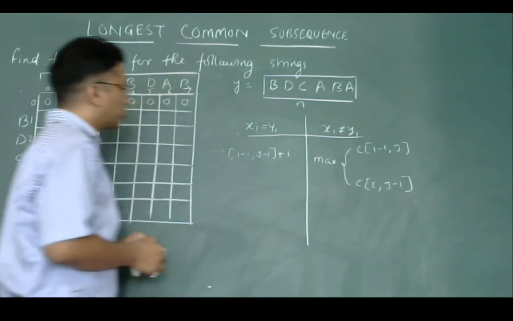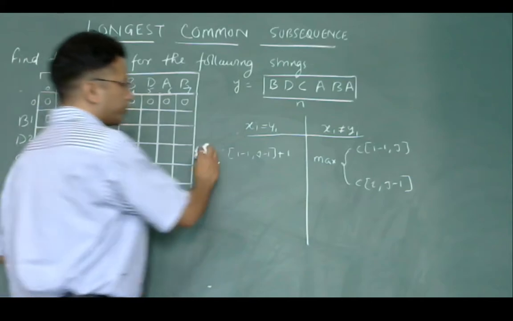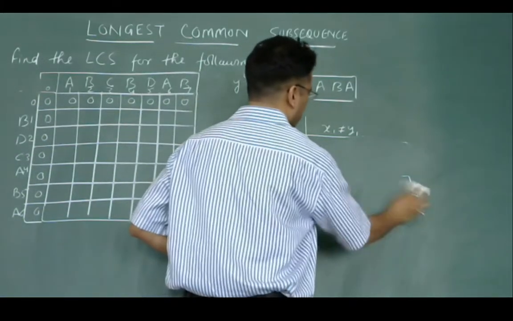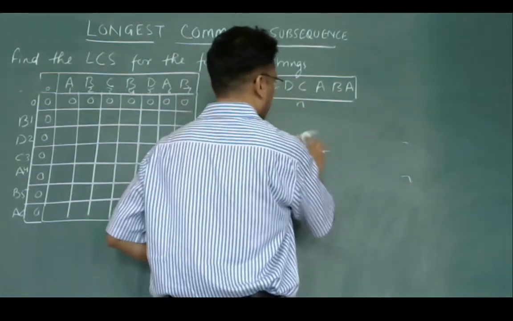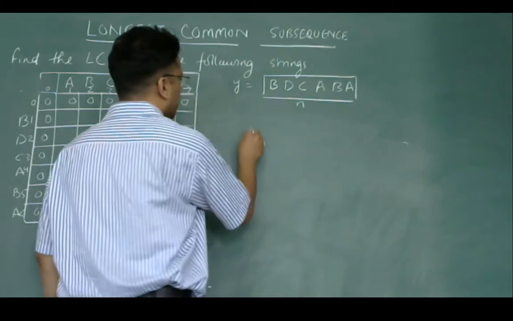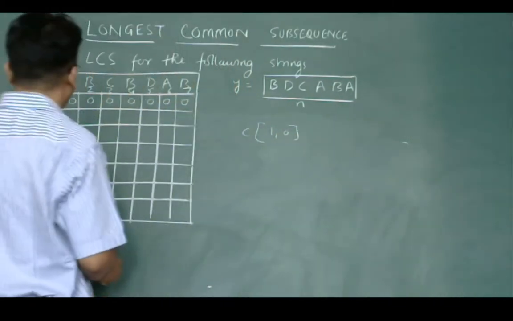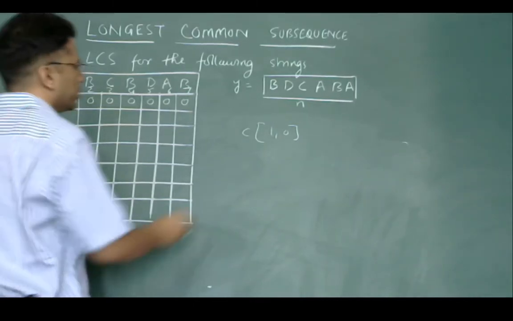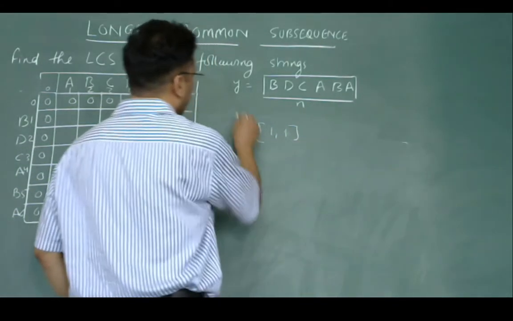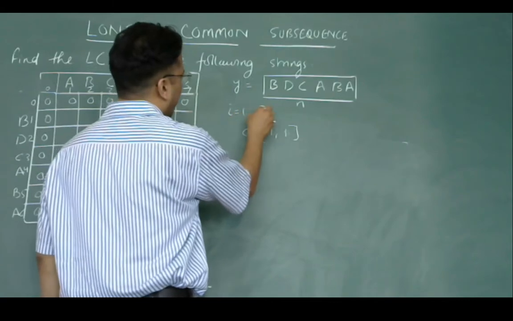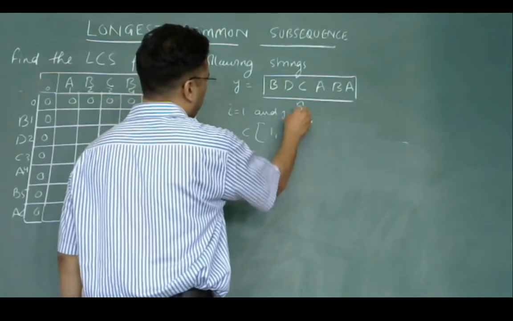Since this matrix is called C, I am referring to the first element, 1 comma 1. Sorry, here i is equal to 1 and j is equal to 1.